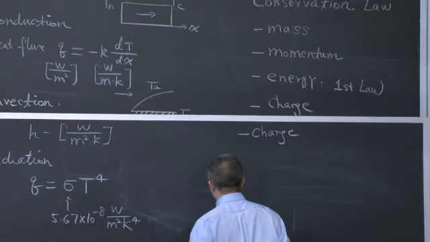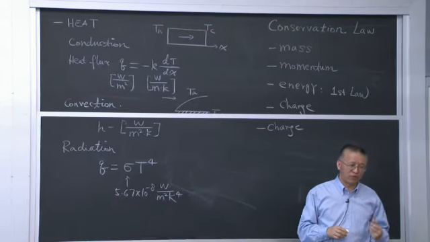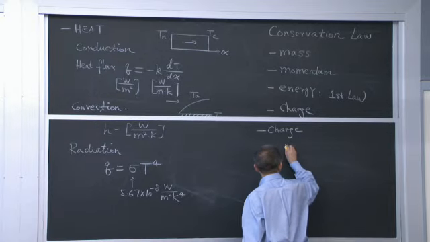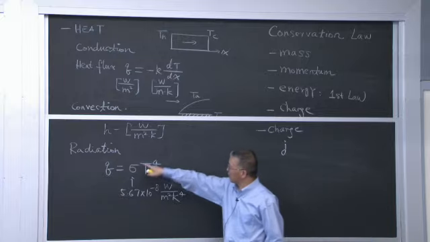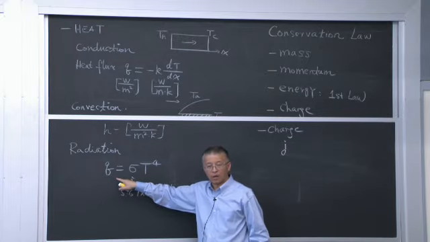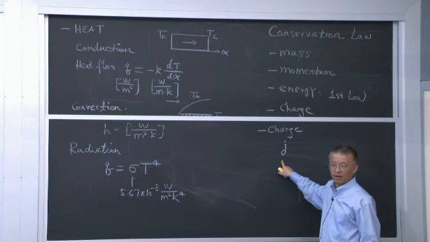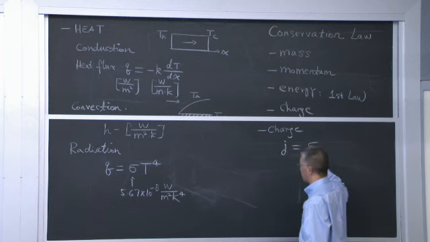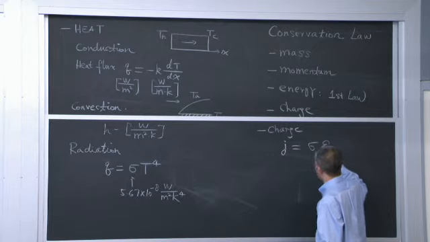And so Ohm's law. I want to write a differential form. So the differential form for Ohm's law is a current density. So here is a flux, right? Heat flux is watt per meter square, and here current density is amp per meter square. Okay? Equals electric conductivity times the electric field.